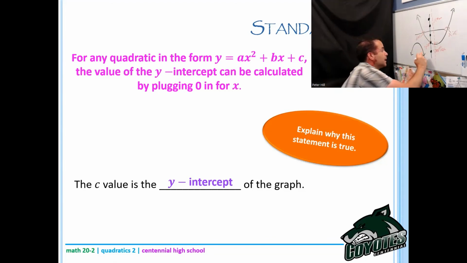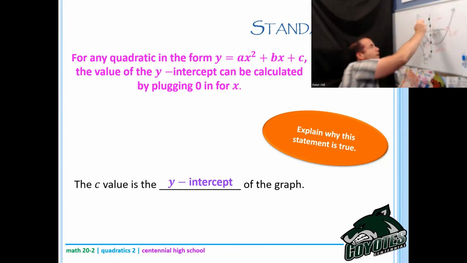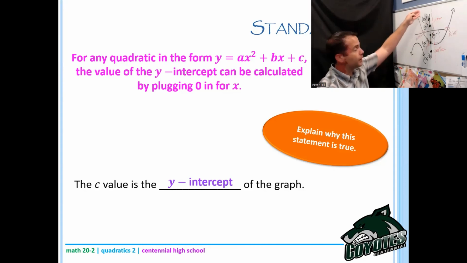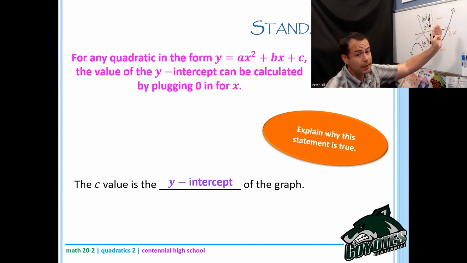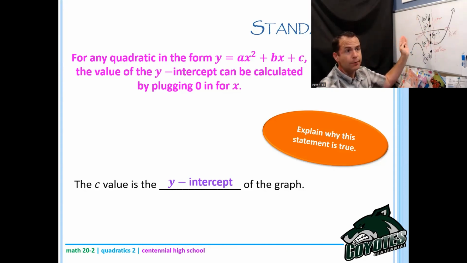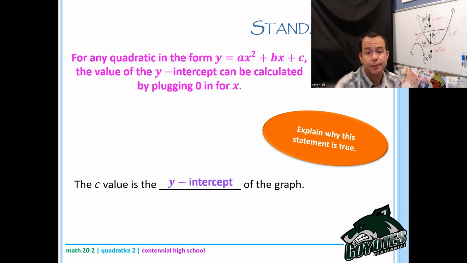So maybe this guy here might be 0, negative 3, and maybe this guy here might be 0, negative 2, and this guy here might be 0, negative 1, and this guy here might be 0, 1, and this guy here might be 0, 2. What I want you to notice is x is always 0 there because I have not moved left or right, okay? So if I haven't moved left or right, there's no other value for x that I can put there but 0. So that helps algebraically.